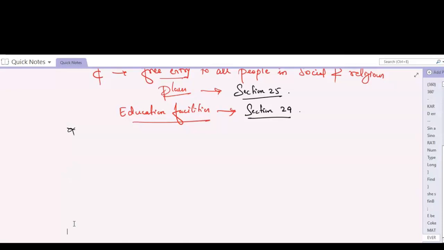Next question. Untouchability is a social evil for Indian society. Full stop. Justify this statement.